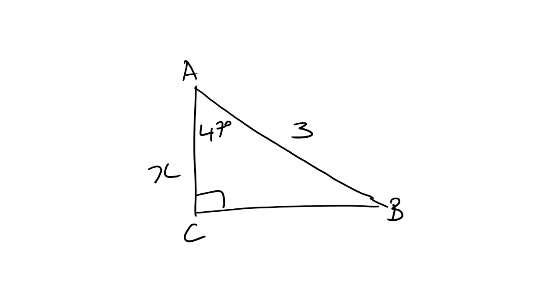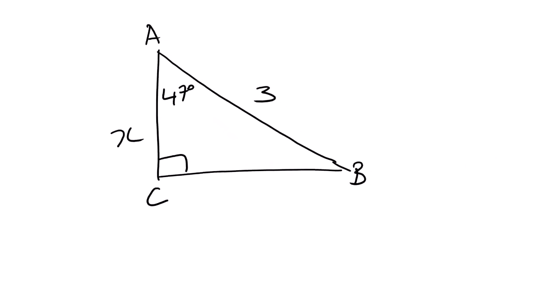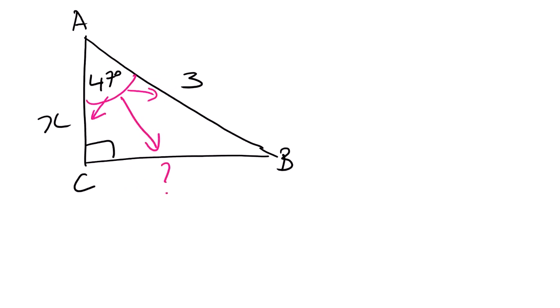Go ahead and pause the video, try to work out this question. Analyzing this question, we don't have the opposite. We are looking for the adjacent. We have the hypotenuse. So any trig ratio which involves adjacent and hypotenuse, it's cos.